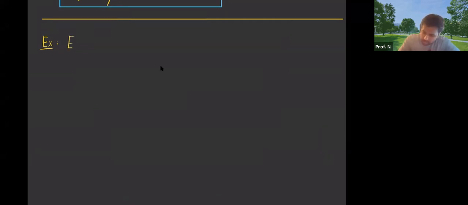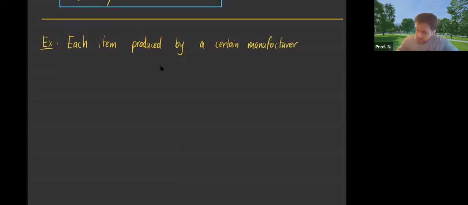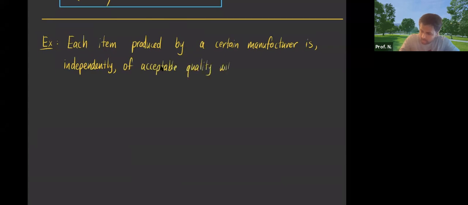Each item produced by a certain manufacturer is independently of acceptable quality with probability 0.95.